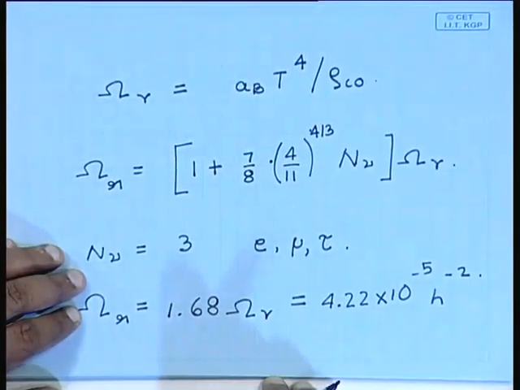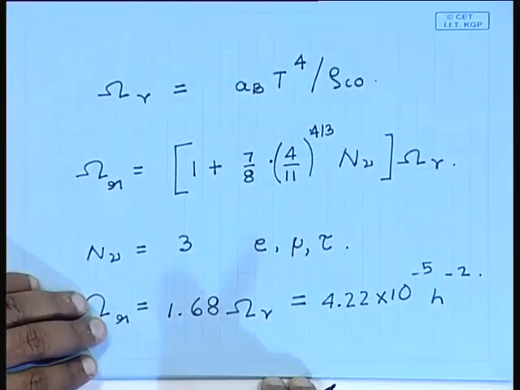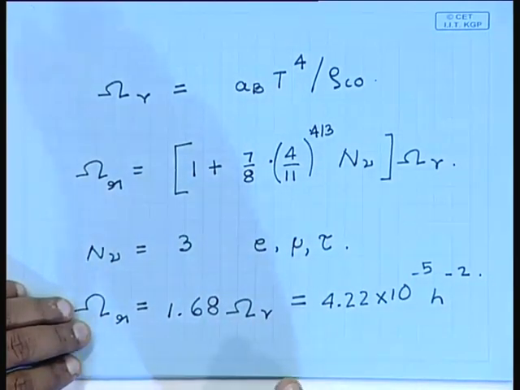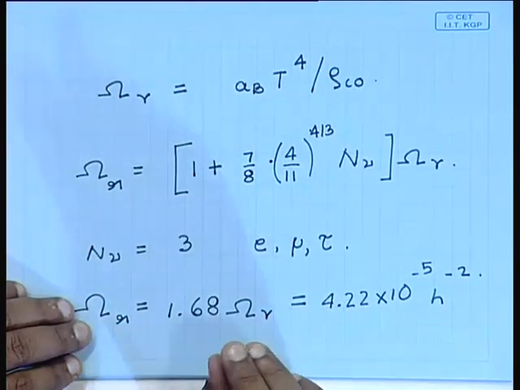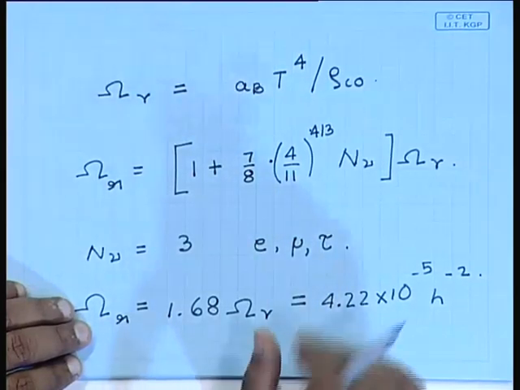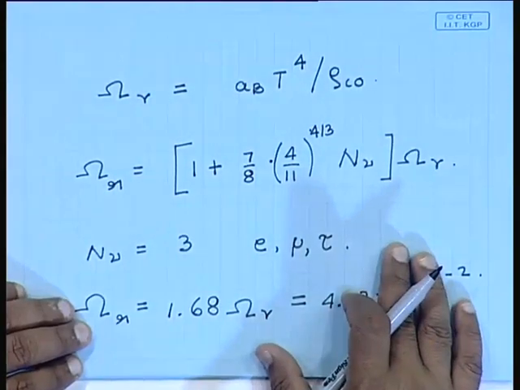Okay. Now, the neutrinos, it may happen, could be massive. Whether you treat it as relativistic or not would depend on the value of the mass. If the mass is much less than 1.95 Kelvin, then you could still treat it as a relativistic particle.